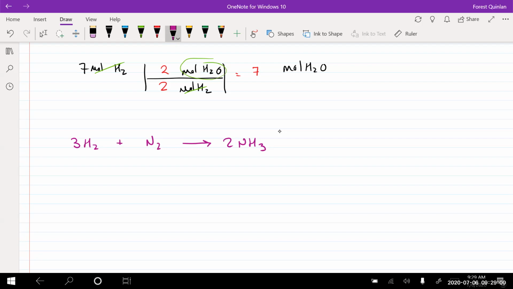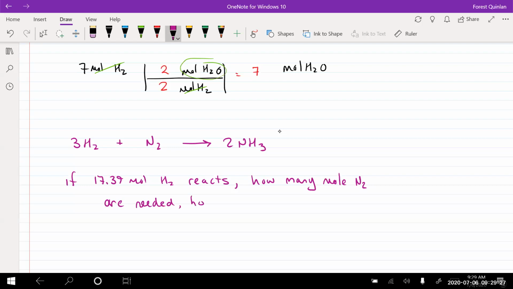I'm going to say if 17.39 moles of hydrogen reacts, how many moles of nitrogen are needed? How many moles of NH3 are made?